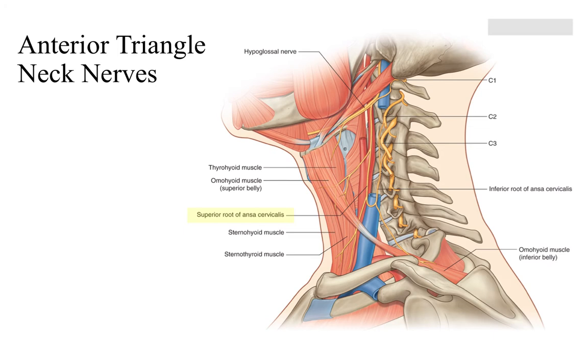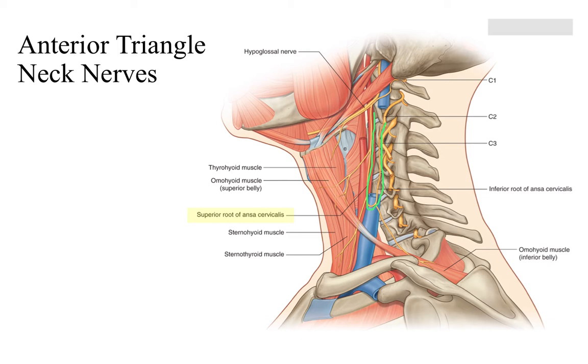All right, here we see the ansa cervicalis, and ansa simply means loop. Cervicalis means it's in the neck, so a nerve that is a loop in the neck. So here is the superior root right here, and here is the inferior root, and they are coming off from the anterior rami of C1 through C3.